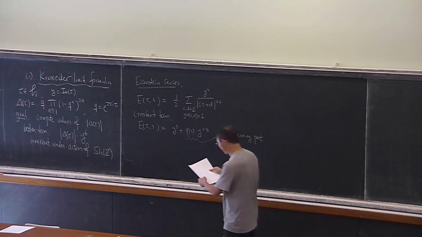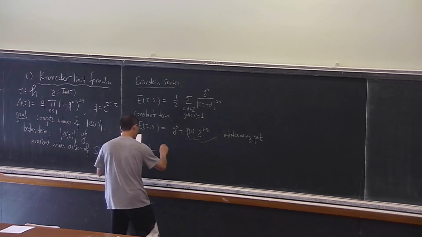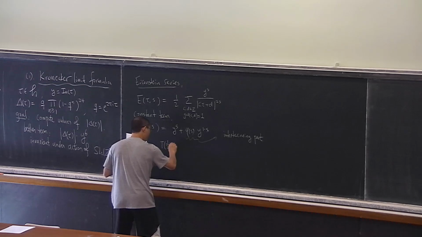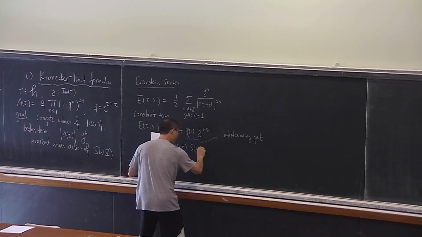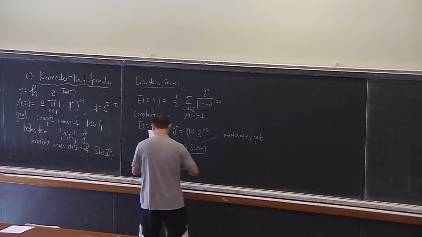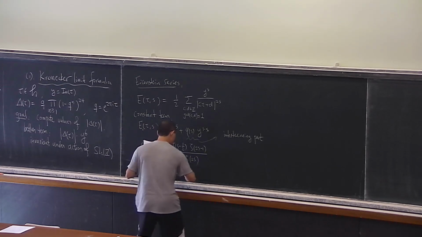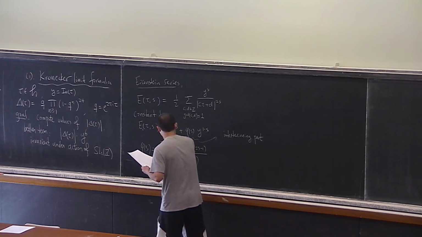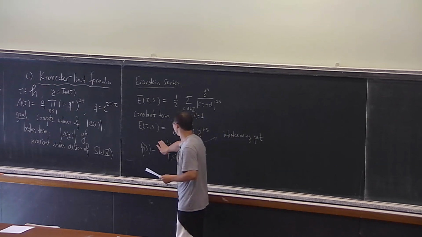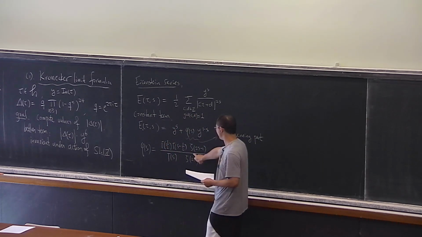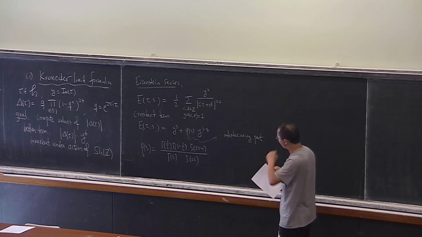Phi s is some function of s. So this is the explicit expression of phi s, some gamma functions, and the Riemann zeta function, zeta 2s minus 1 over zeta 2s. So that's straightforward from the theory.